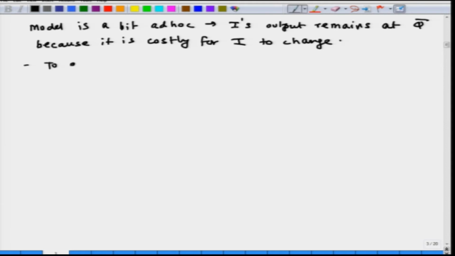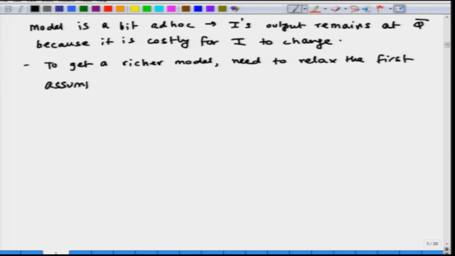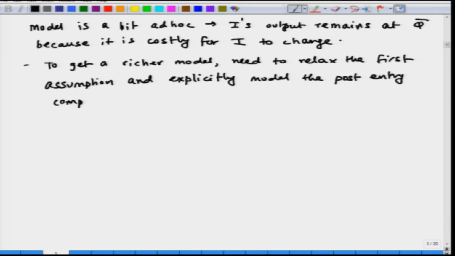So, to get a richer model, we need to relax the first assumption and explicitly model the post entry competition between the incumbent and the entrant, right. This is going to be our next task, right.